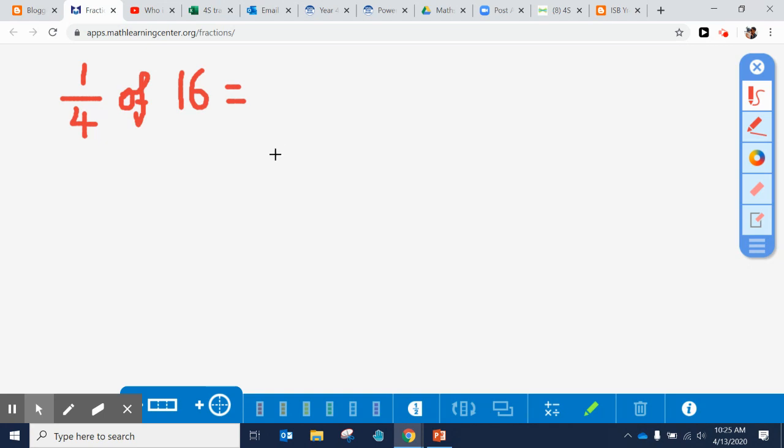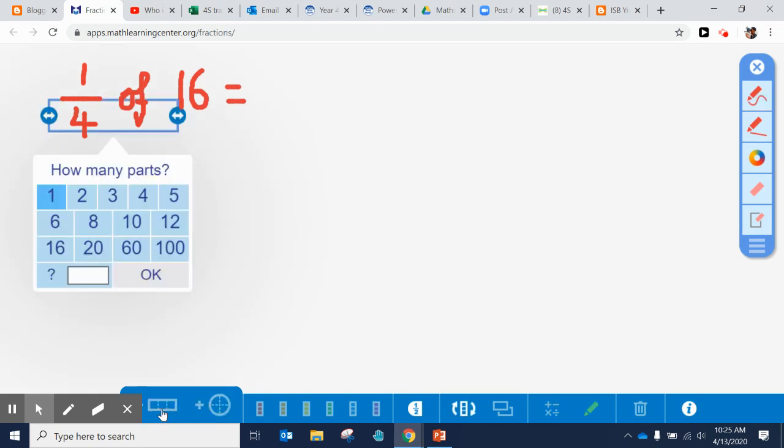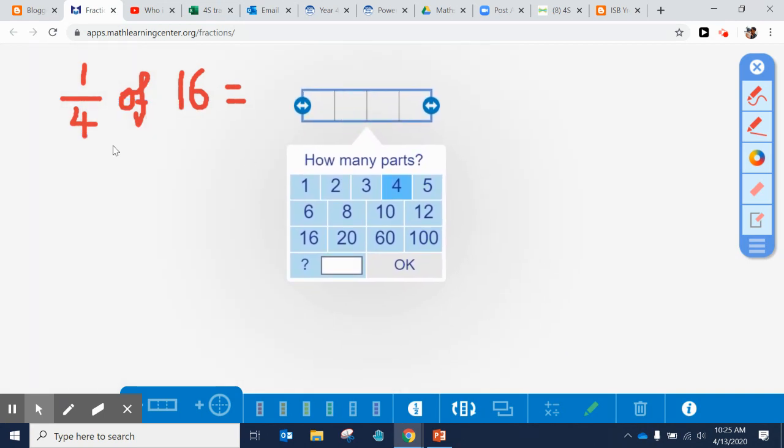Now, as always, we are going to draw that bar model because it helps us to visualize the maths. So, if I'm finding 1/4 of something, I'm going to split something into 4 parts, because what that means is that something has been equally divided into 4 parts. And the thing that has been equally divided into 4 parts is the number 16.